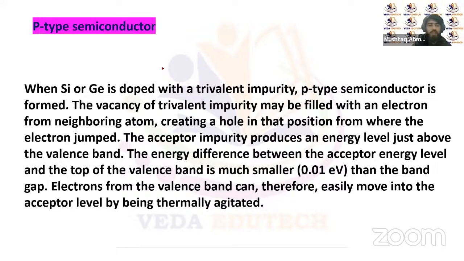We call these p-type semiconductors, with trivalent impurity added. Electrons from the valence band can therefore easily move into the acceptor level by being thermally agitated, or if we increase the temperature of the semiconductor.